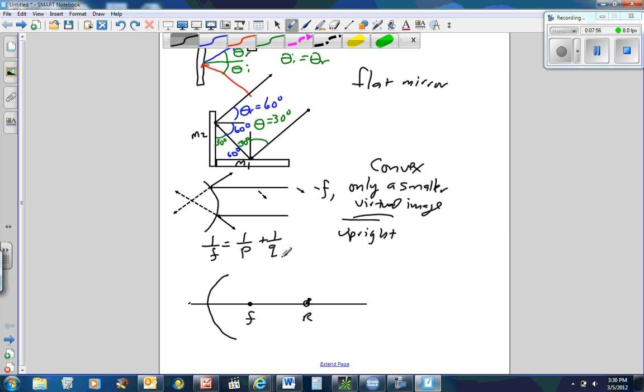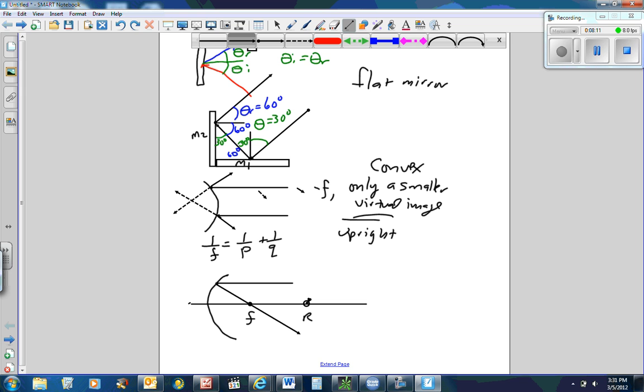So when we have a light ray that comes in to this, if it's parallel with the optical axis, then it's going to reflect through the focal point. And we just need 2 of those, like that.